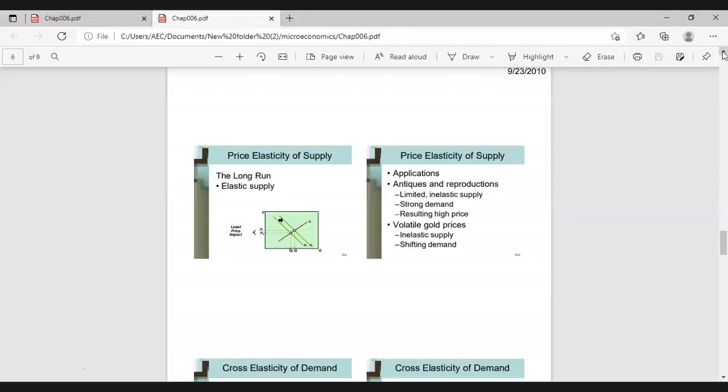So depending on the demand, the price will go up. If there is strong demand, it results in a higher price. That is why we see some product prices very high, especially these antiques.